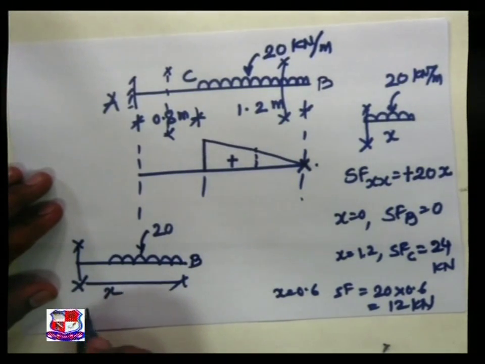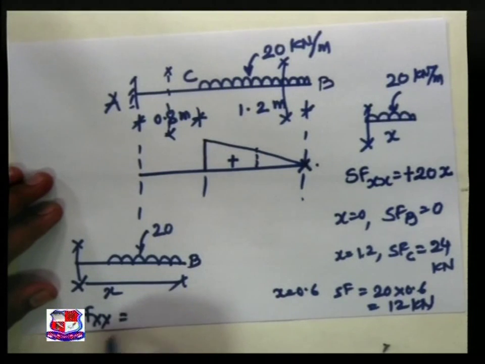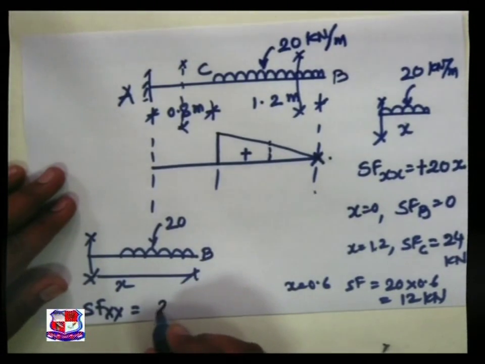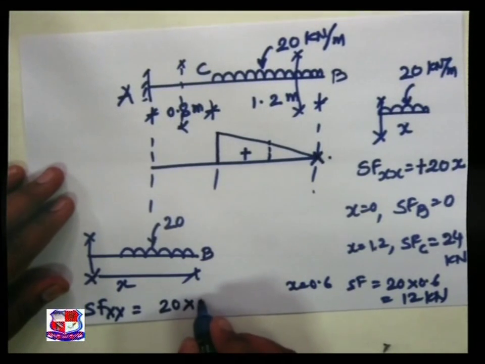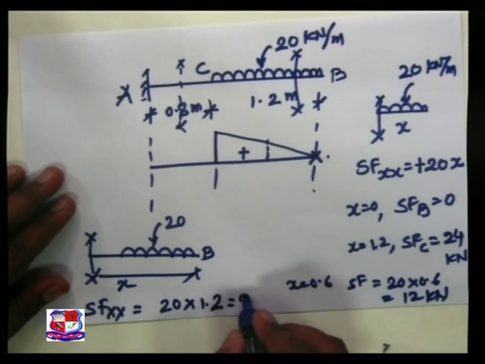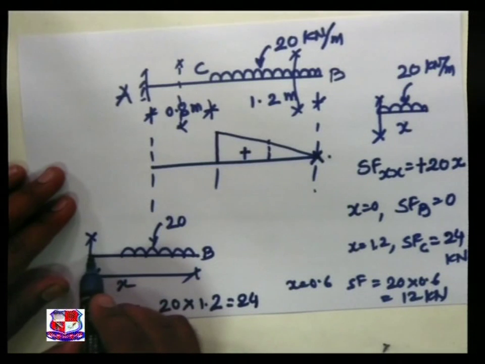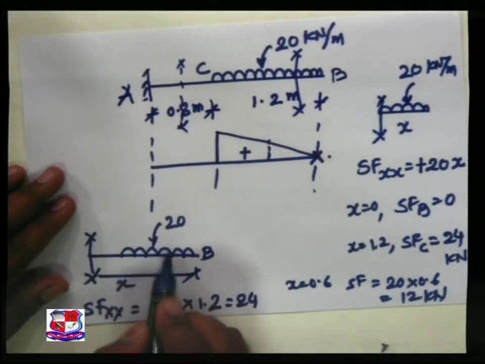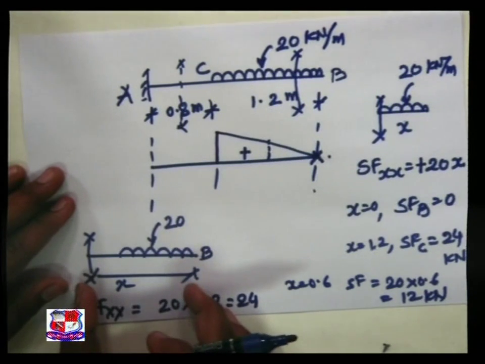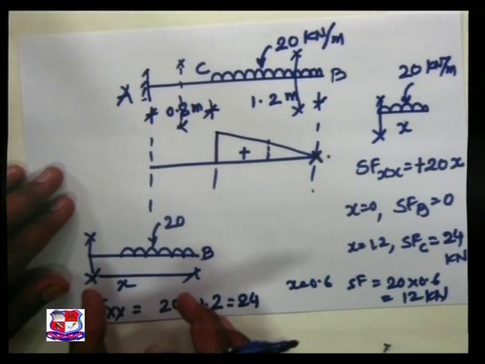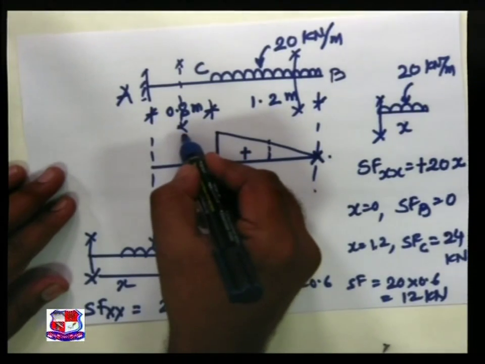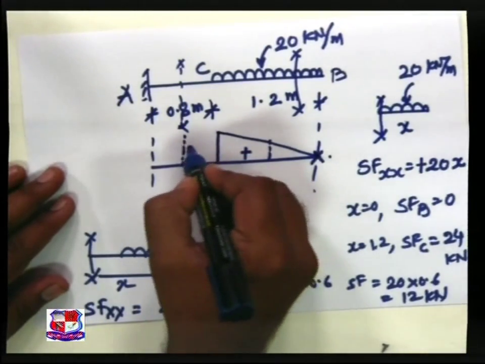Shear force at x is equal to 20 into 1.2, that is equal to 24, because there is no load acting over here, and my full UDL comes into the region of section X. So this ordinate at section X is 24.